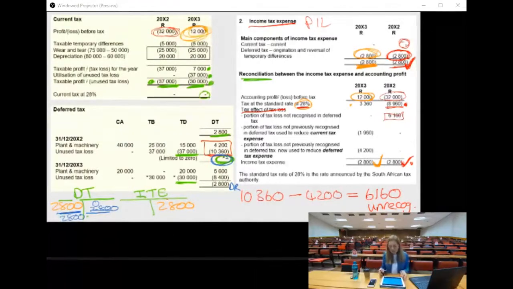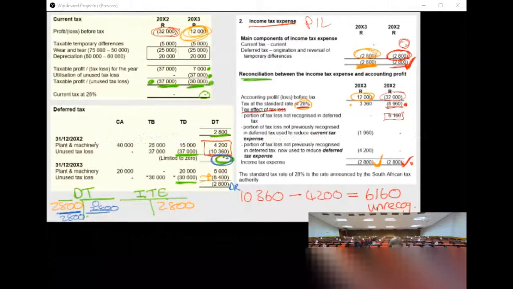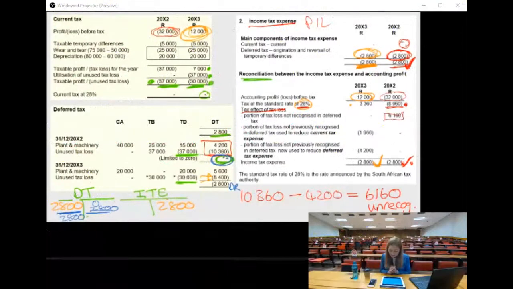And now the weird thing is, if we were now able to recognize the full tax loss here in deferred tax, why would we now have reconciling items? The reason we have these reconciling items is that our deferred tax opening balance that we started off with did not include the full recognition of the unused tax loss.